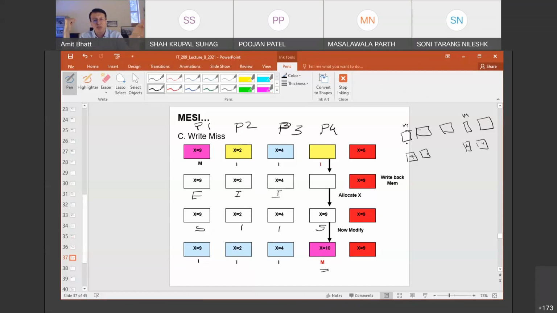The modified value was X equal to 9, which was modified by P1. That value will be written into memory. That's the second cycle. In the third cycle, you bring the block where P4 wants to write from main memory into processor 4 cache, and then in the fourth cycle you write. Does it make sense? Yes, sir. Okay.